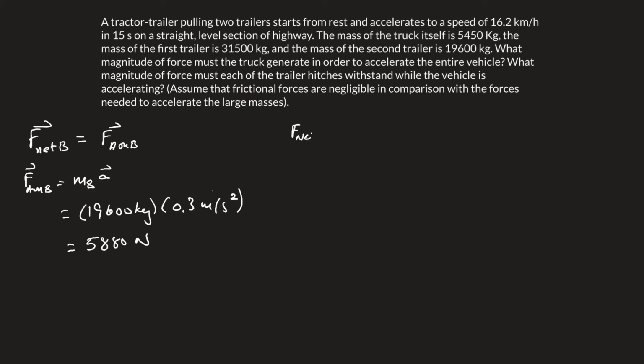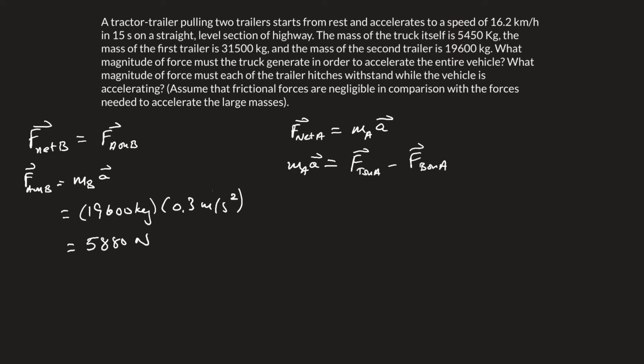There's quite a bit here to digest. We're ultimately looking for Ft on A, and that's going to help us figure out the force that the first hitch must withstand. That's the force of the truck pulling A, and subsequently B.